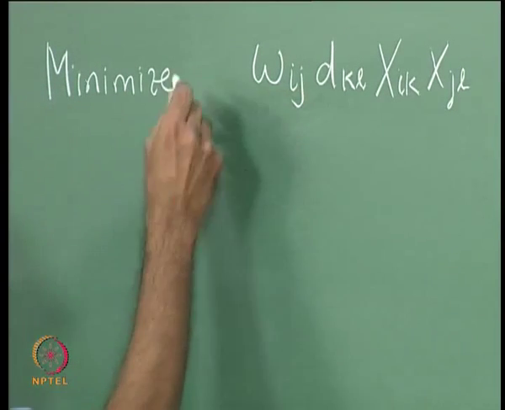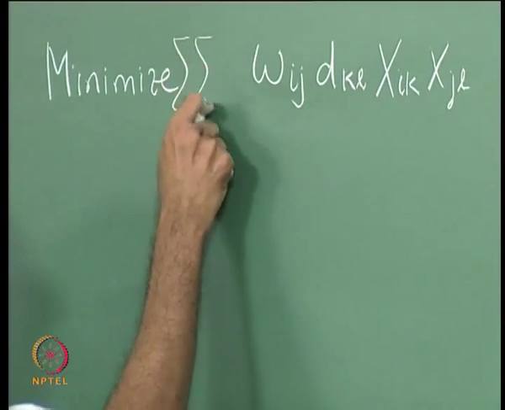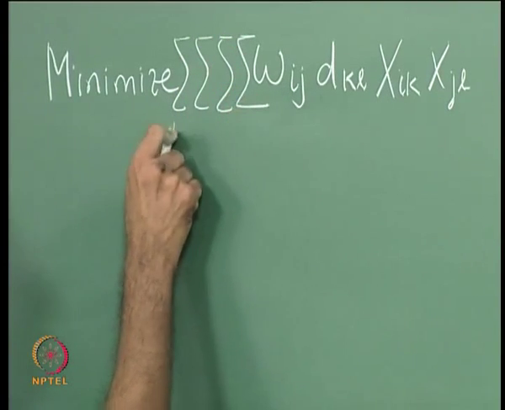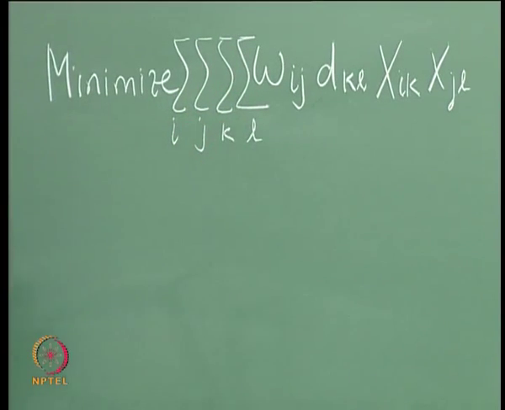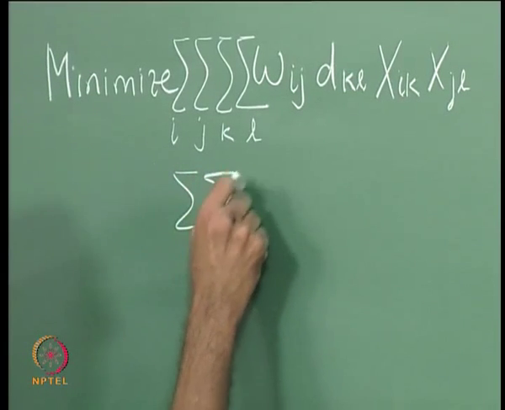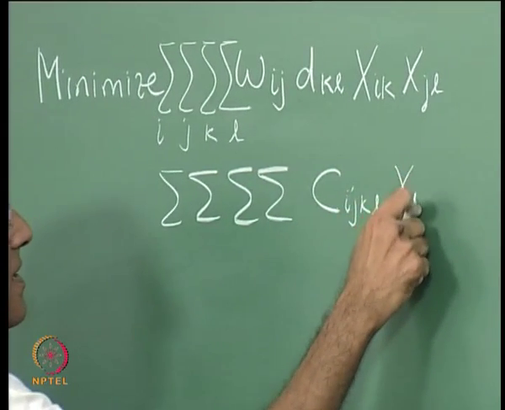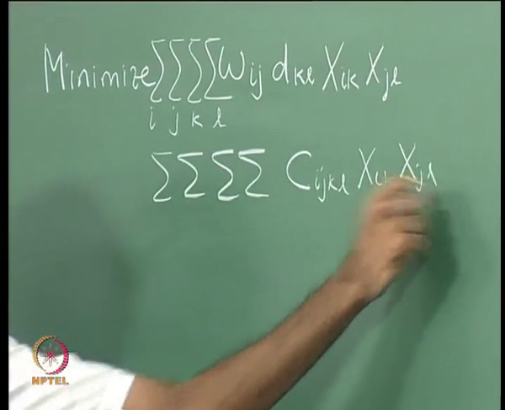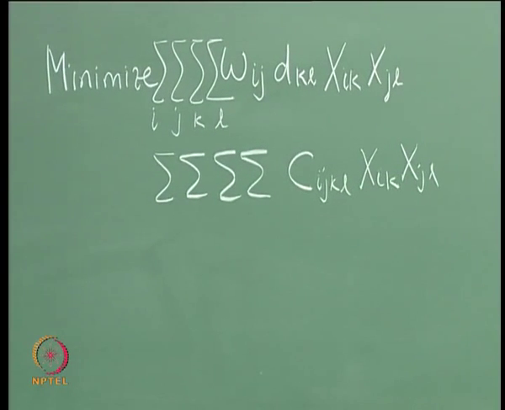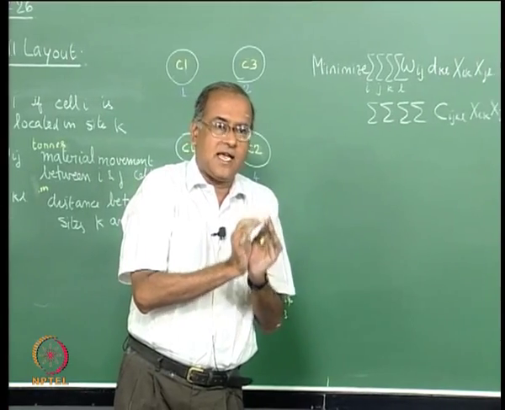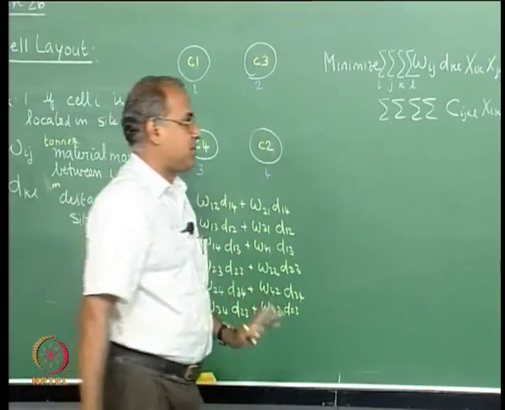So, this is to be summed over 4 summations, 1, 2, 3, 4, i, j, k, l, wij dkl. This is generally written as 4 summations C ijkl xik xjl, subject to the condition that each cell or department will go to only one position.